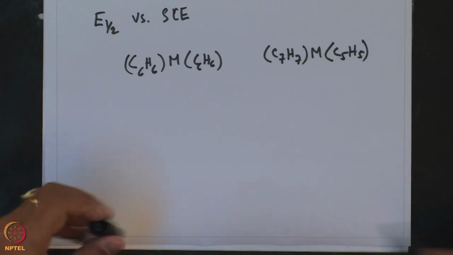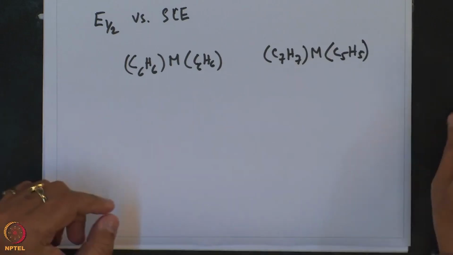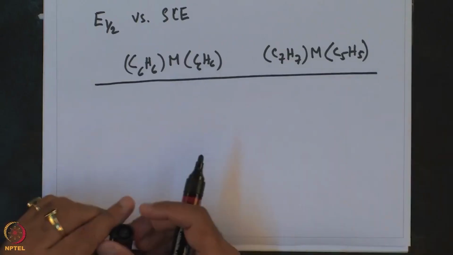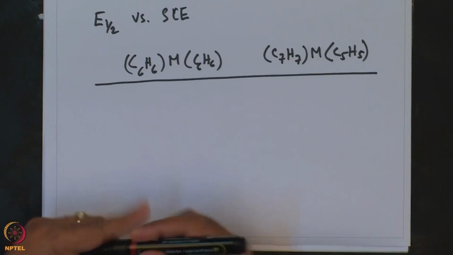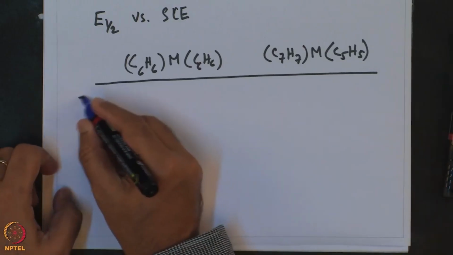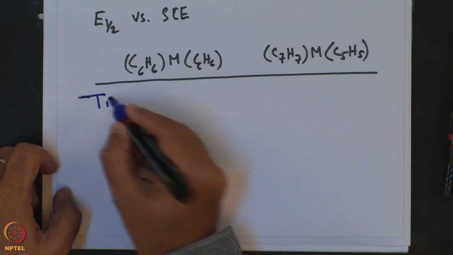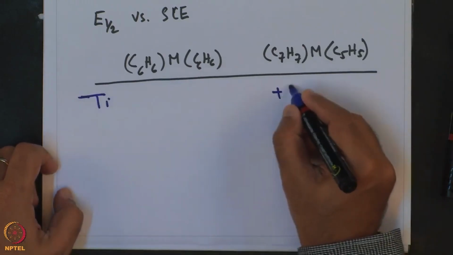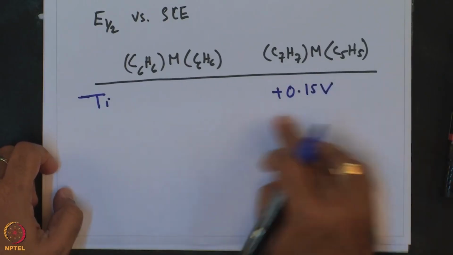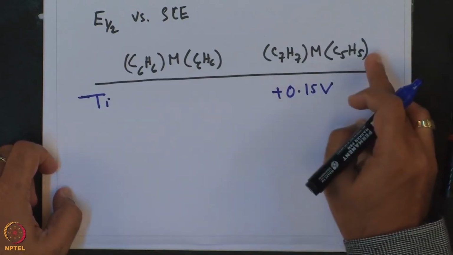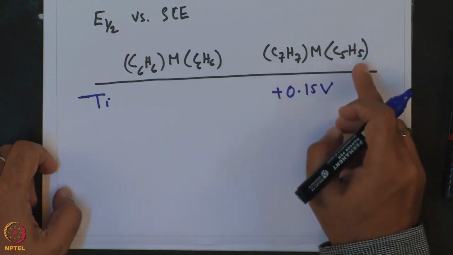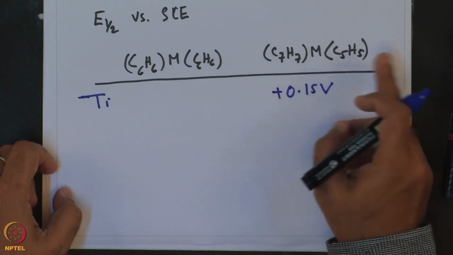If one looks at these E half values for titanium, this is about 0.15 volts, the positive value meaning that this reduction from +1, by accepting an electron to become the neutral, is favorable.